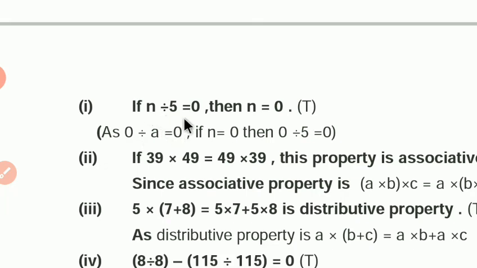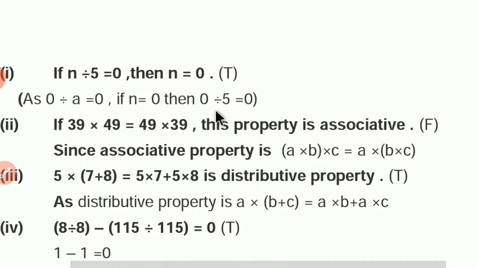Now I'll put the value of n as 0 in place of this n. So 0 divided by 5 is 0, as 0 divided by any whole number is 0 only. So we can say that if n is equal to 0, then n divided by 5, or 0 divided by 5, the answer will come 0 only. It means it is true.